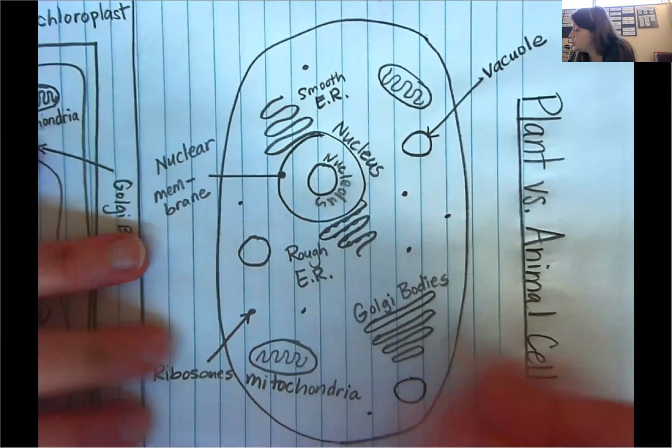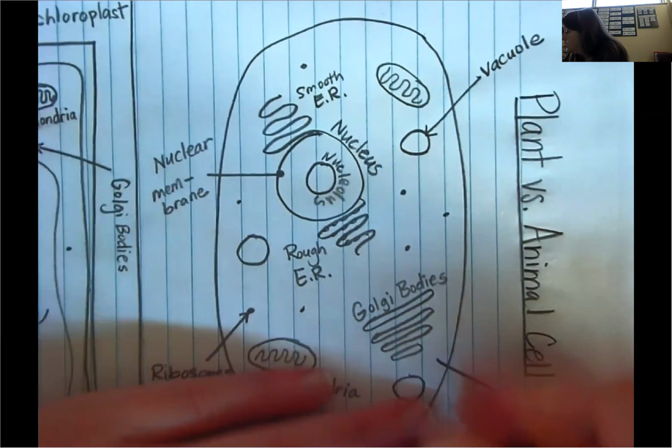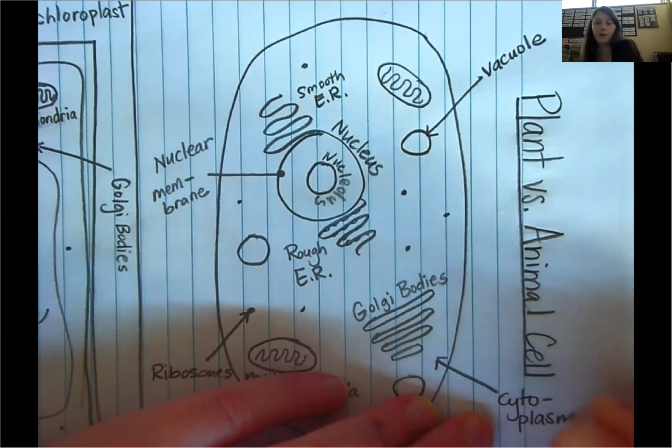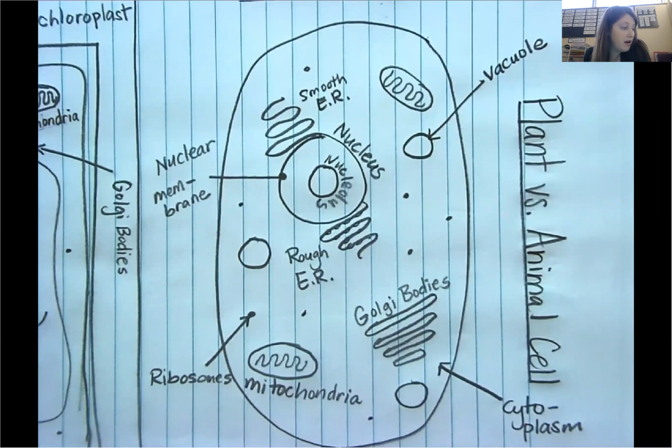This gel-like liquid that it's all floating in is the cytoplasm. Again, chemical processes are going to take place there. And there's other things in there, like centrioles and lysosomes.